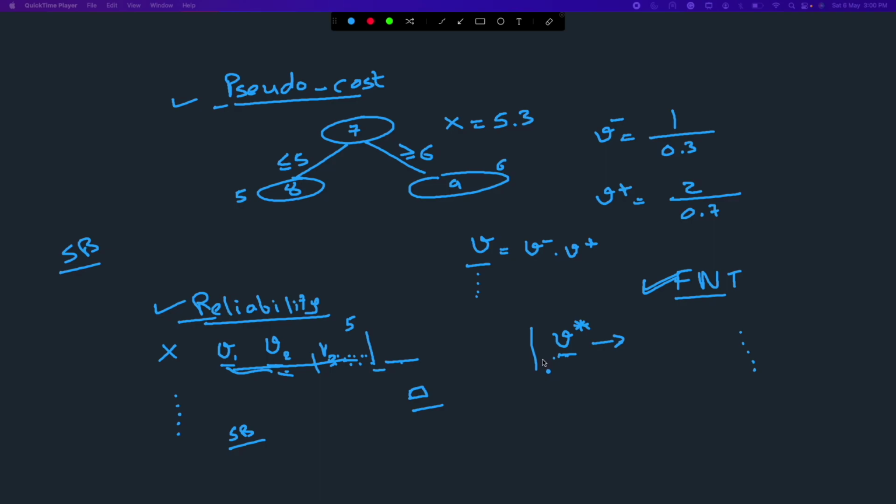In this paper, the author is suggesting that this fixed number threshold as a notion of reliability is not good enough. Why? Because it only takes into account the mean of this pseudo-cost, which is mu. It is ignoring the standard deviation or variance part, right?